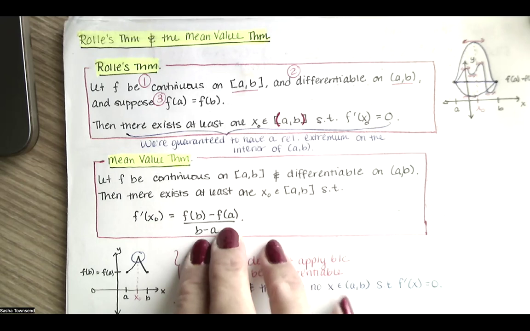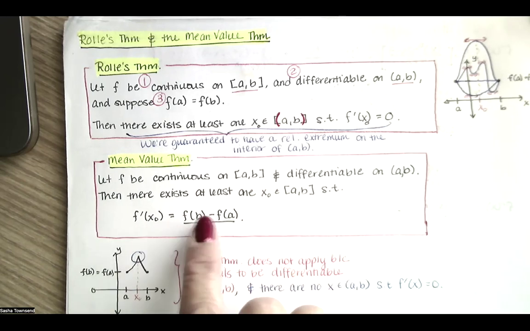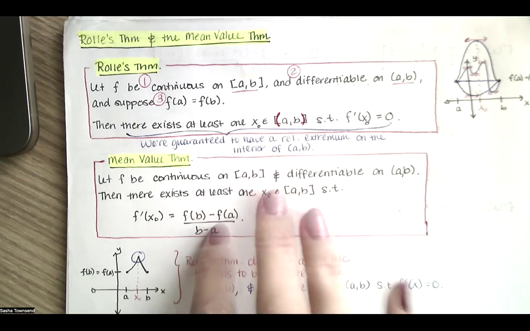What this theorem says is that there has to be a point when your instantaneous rate of change equals your average rate of change. So if you go a certain number of miles in a certain amount of time, your average rate of change is a fixed value.